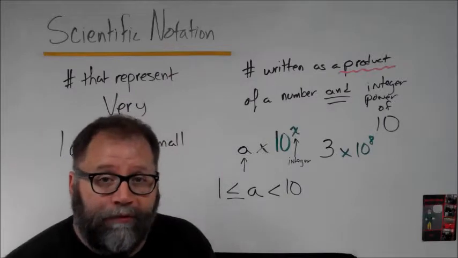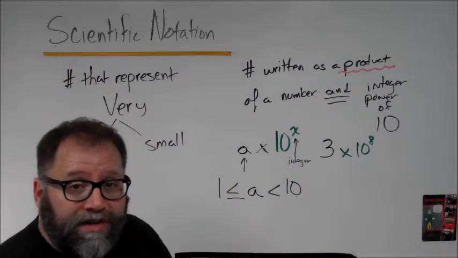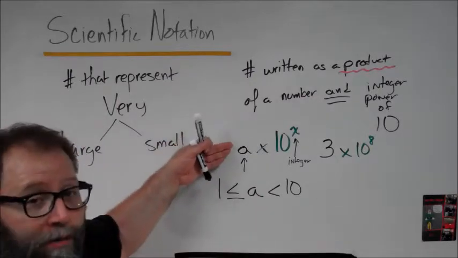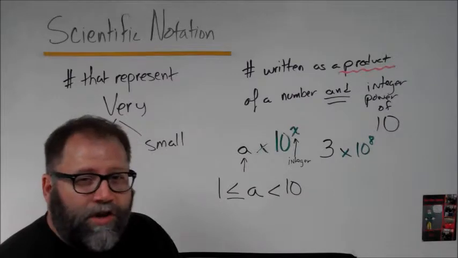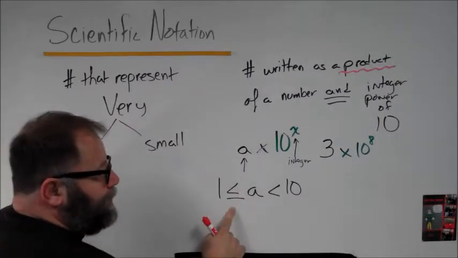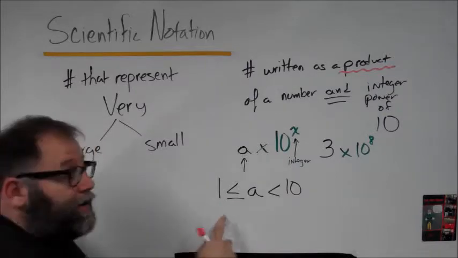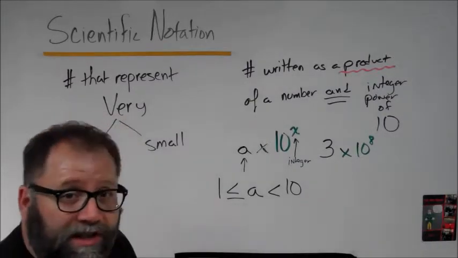And then we can manipulate it from there. If we have it at the ones place, then it's uniform throughout all scientific notation, that this will always be the same thing. That's part of the rules for making this work. We can't just all go do anything we want to do. So this number needs to be 1 or greater and less than 10. And we see that here, 3 times 10 to the 8th.